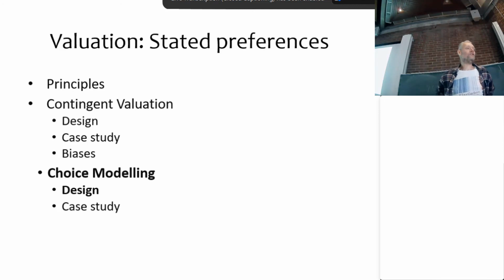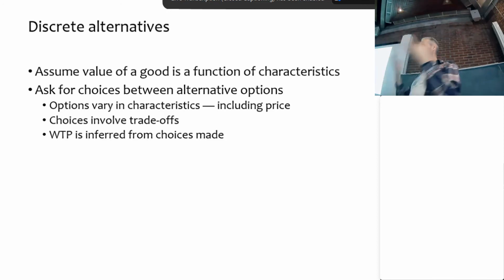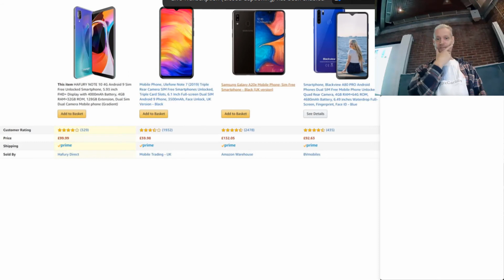Now, I've given you the basic difference already. Choice modeling, the design, much the same as for contingent valuation. You need to do your homework, you need to test, and so on and so forth. The big difference is that rather than asking people how much are you willing to pay for this discrete purchase, you ask people to choose. And this comes natural. I gave you the example of cornflakes in the supermarket. This is what you saw 2 years ago when I prepared this slide.